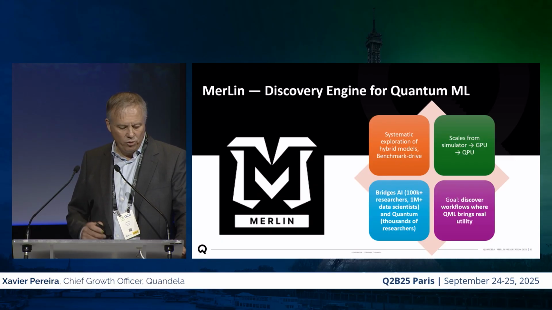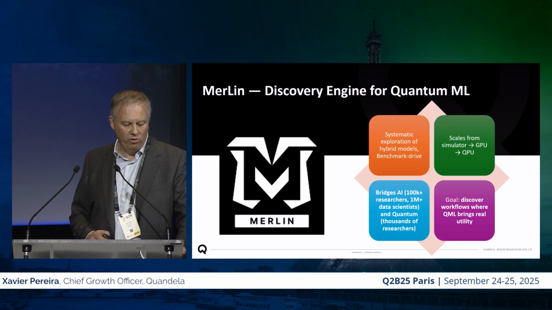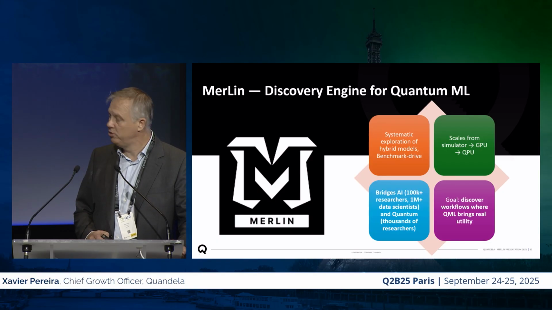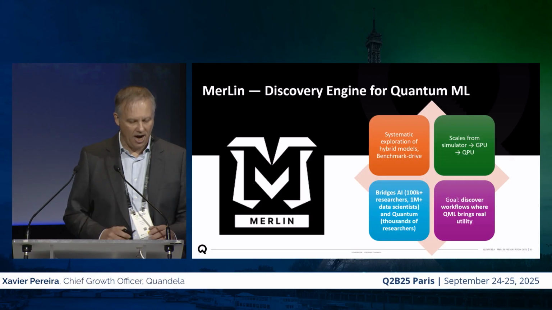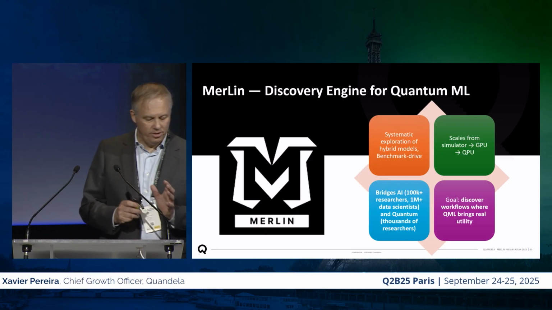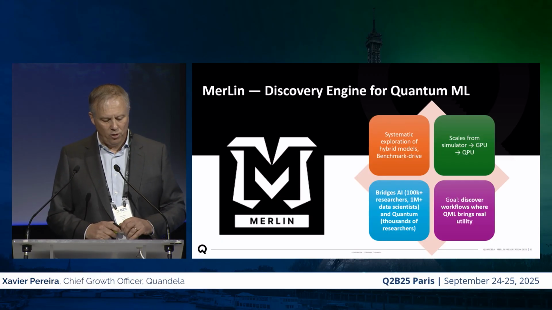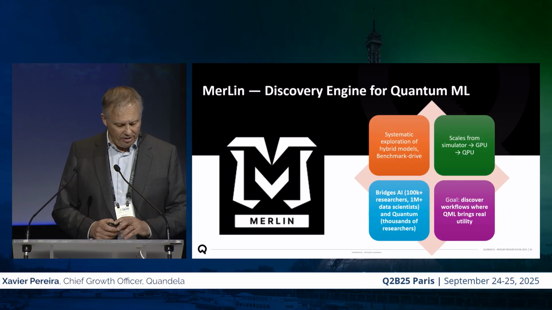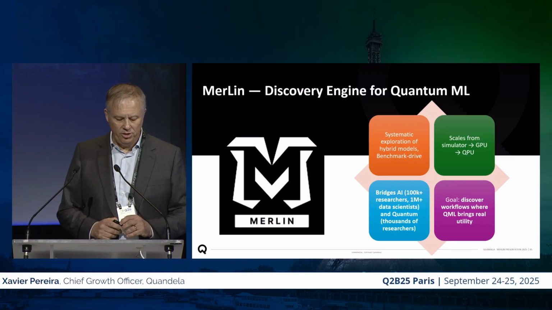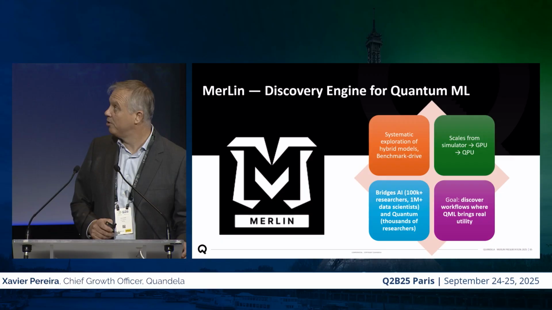And all of this serves one clear purpose: discover workflows where QML truly brings utility. So that is how we plan to move forward, not chasing hype, but building reproducible methods, tackling real use cases, and paving the way from today's NISQ devices to tomorrow's fault-tolerant quantum computers.